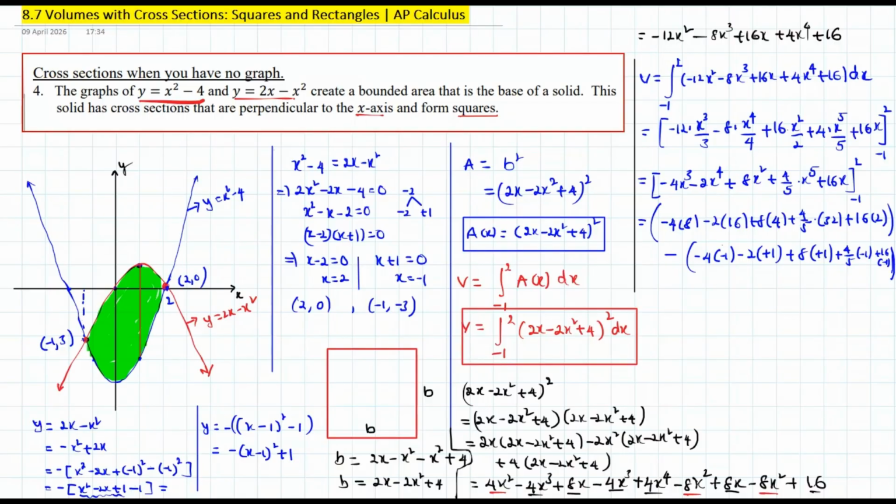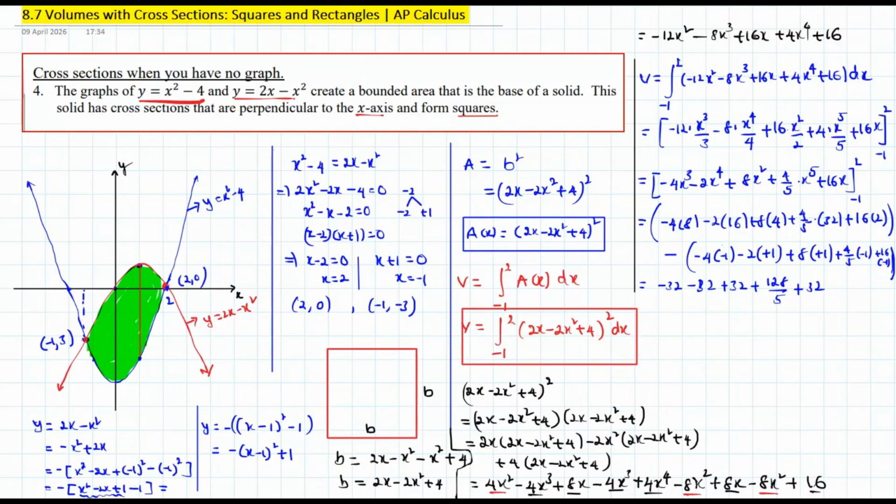Let's simplify this one. Negative 4 times 8, that is negative 32, minus 2 times 16, that is negative 32, then 8 times 4, that is positive 32, then 4 fifths times 32, that is 4 times 32, that is 128 over 5, plus 16 times 2, which is 32, minus the lower limit.